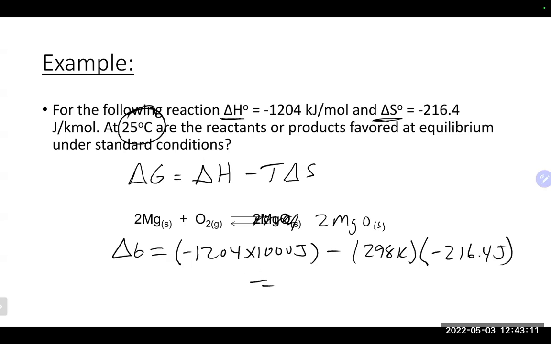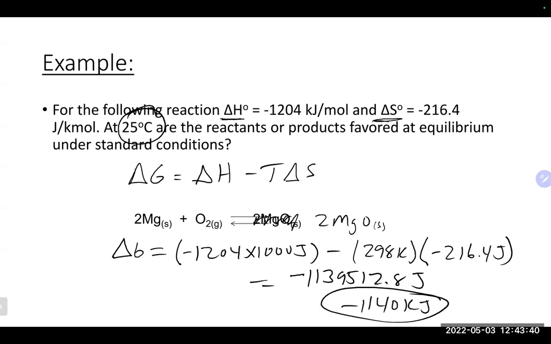That will yield us minus 1204 times 1,000 minus 298 times negative 216.4. Looks like minus 1139512.8 joules, or roughly minus 1140 kilojoules, give or take. Any questions on that one there?